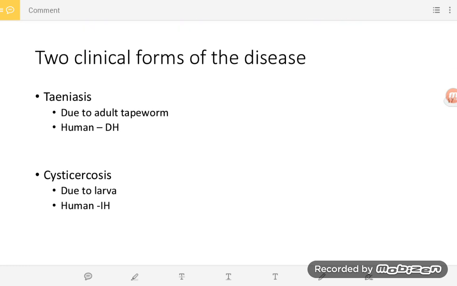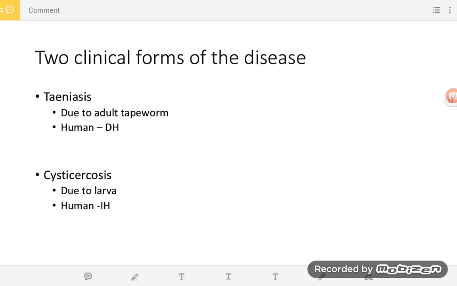So there are two clinical forms of the disease in the case of Taenia solium; clinically it produces two disease conditions. One is teniasis. This is due to the adult tapeworm. When the human takes raw or undercooked pork containing the Cysticercus cellulosae larvae, these larvae become adult.